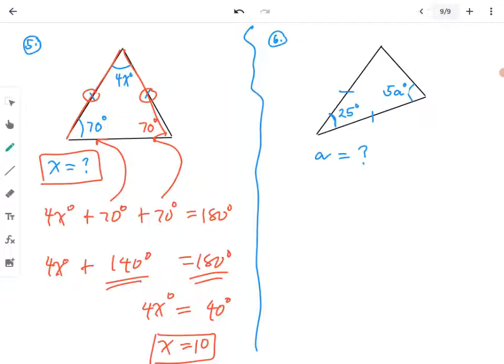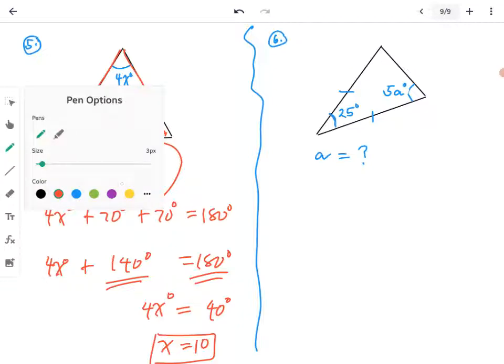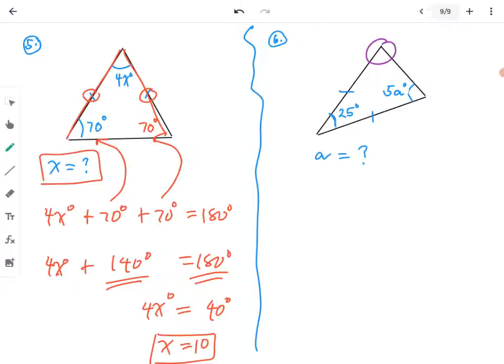Again, it's the same with this problem. The first angle is 25 degrees. The second angle is 5a degrees. We do not know, at first look, this angle. How can we set up an equation so that we can solve for a if this angle is unknown?